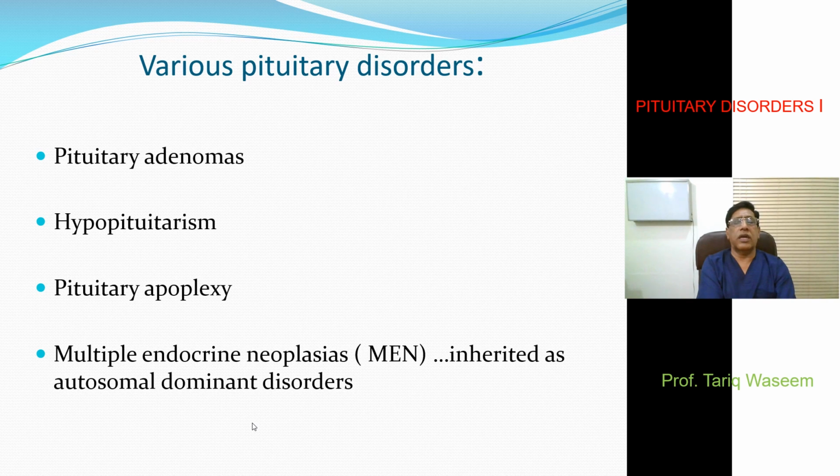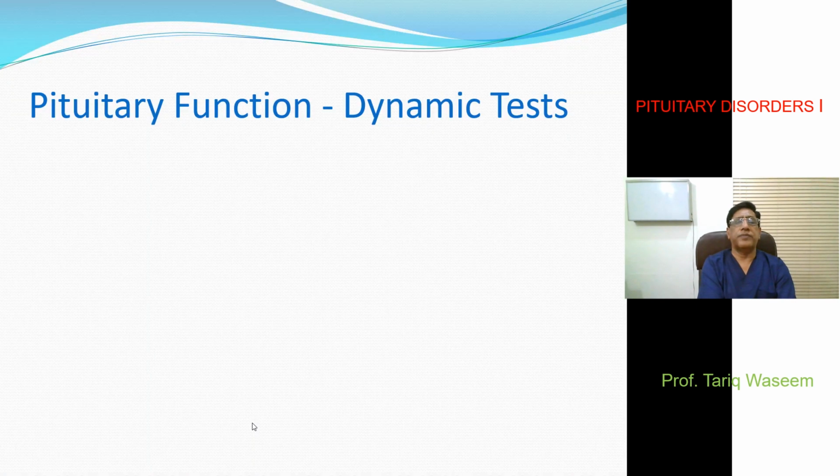These disorders can be inherited as autosomal dominant, and there may be families having these disorders in other family members as well. In coming lectures we will be talking about both the endocrine neoplasias and, of course, the endocrine dysfunction as a result of loss of function.